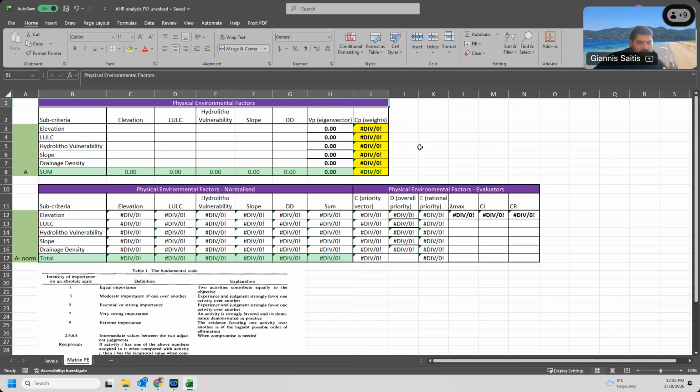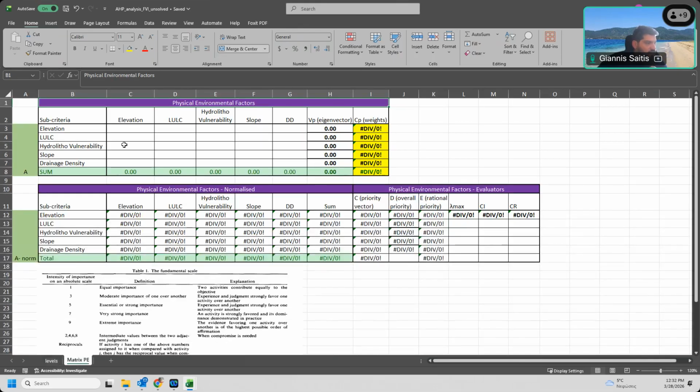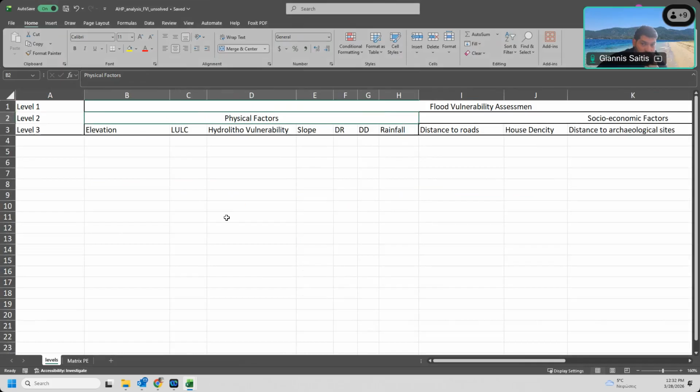So here we deal with whatever is here on level 2, physical factors. Another kind of matrix, which is this, we will create for the socioeconomic factors. And later on, because we have decided and concluded with the weights, we will combine all together with the same numbers that we used to create the vulnerability assessment.